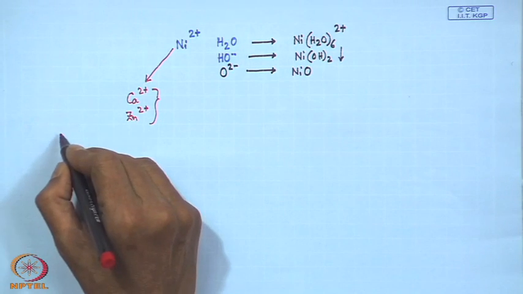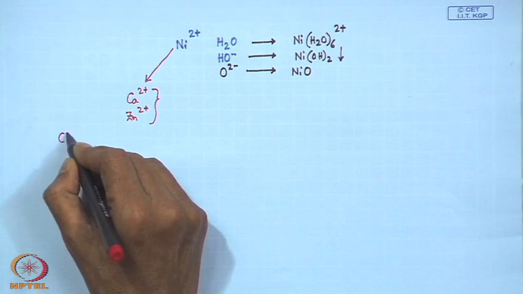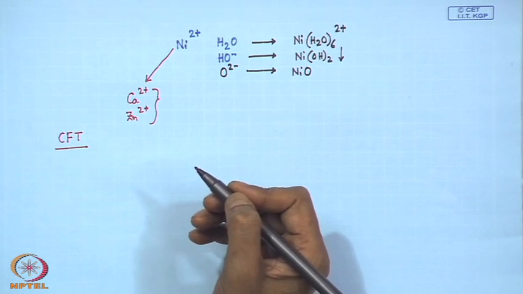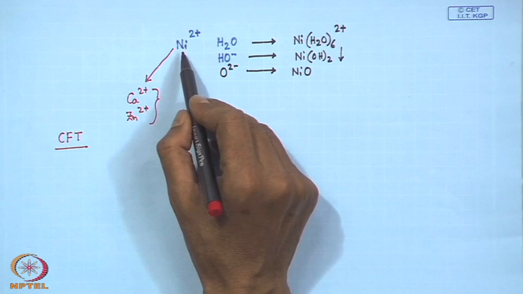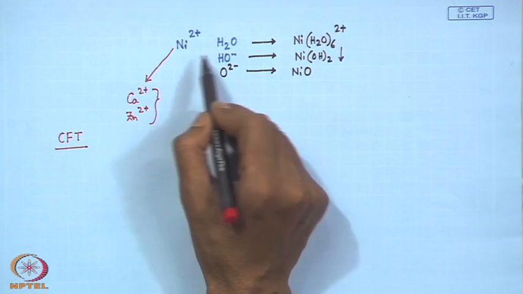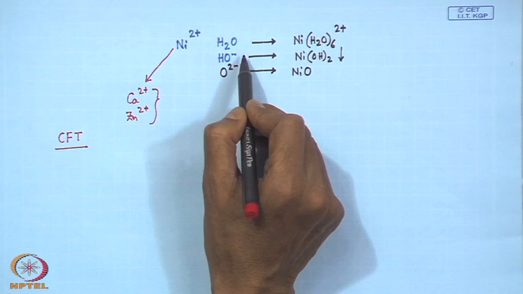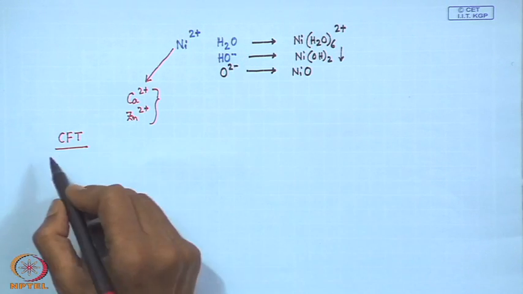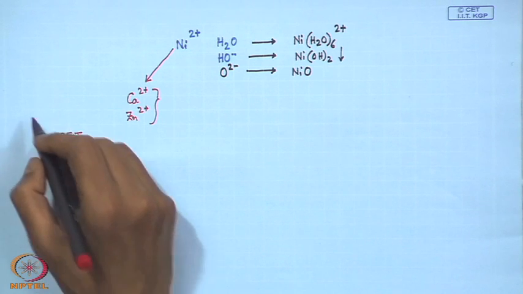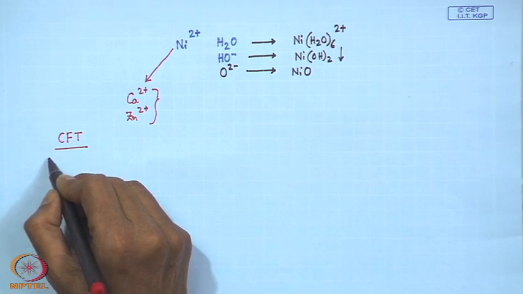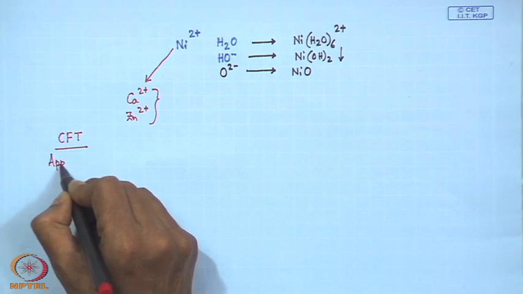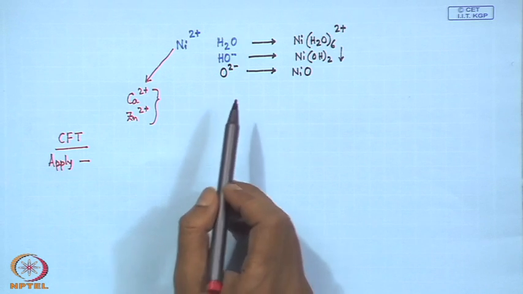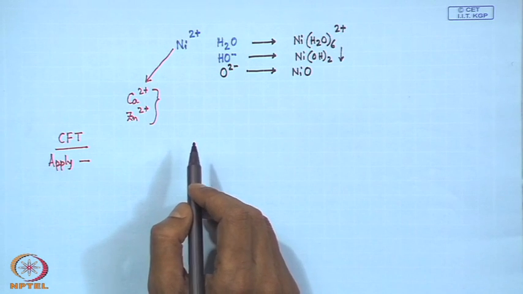We will apply whatever we have learned so far related to the crystal field theory, where we consider the metal center as a point charge and the ligands are also point charges of negative magnitude, or the negative end of dipolar units which are interacting. So, how we can apply that particular aspect of this theory to problems related to the interactions of these species or the formation of these species.